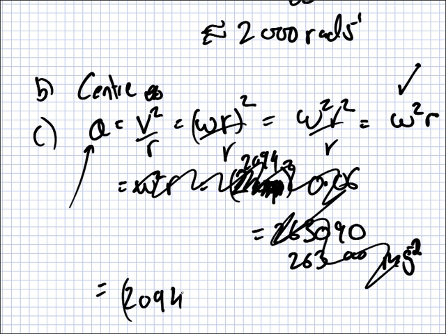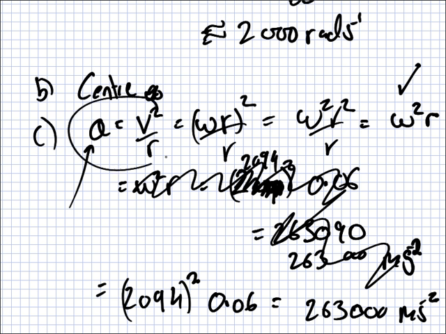Sorry. So it should be 2094 squared times 0.06. What's that? 263,090. Yeah, so it is that answer then. So I think what you did wrong here, Matt, is you used this formula, but you put omega in for V. I think this is your mistake.